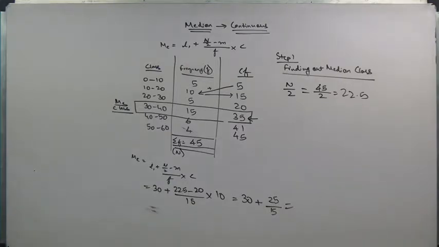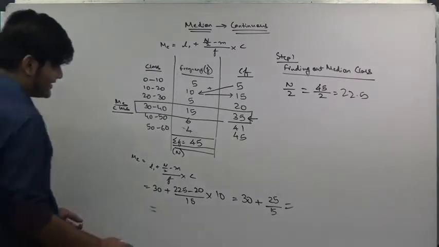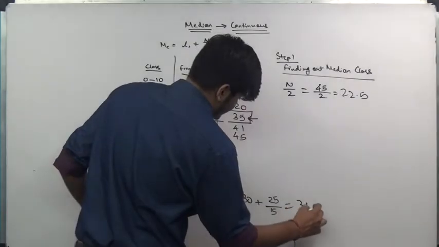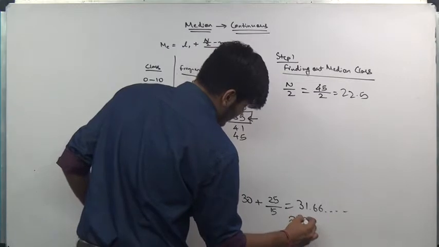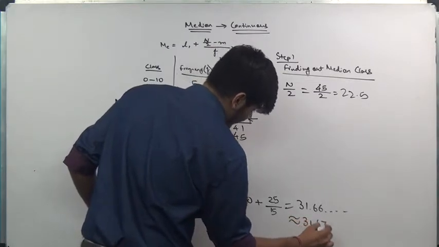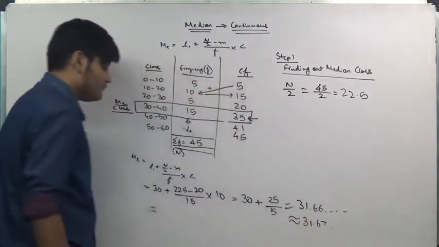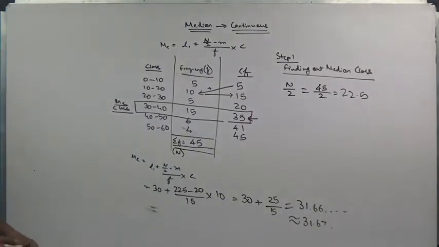Median, mode, mean, these are like free marks that universities, colleges and schools give you. If you miss this, then when you study greater statistical data and measurement tools, it will be tough. The total is coming down to around 31.67. 66 something, so we'll round it off to 31.67.